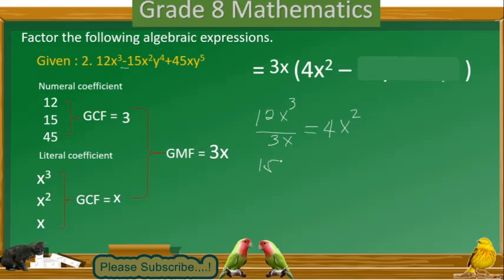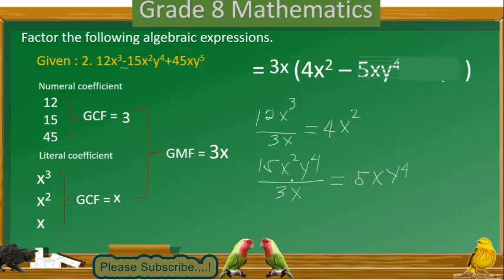The second term is 15x squared y to the fourth divided by 3x. 15 divided by 3 is 5. For x squared divided by x, that is x. You have to subtract the exponent of x in the denominator. Then we copy y because there is no y in the denominator.